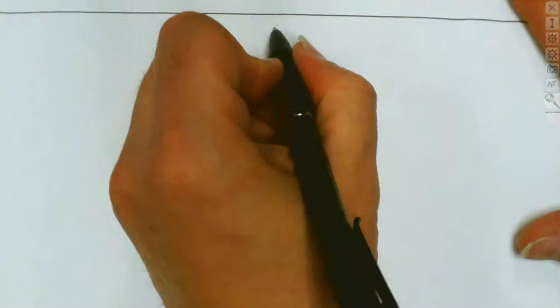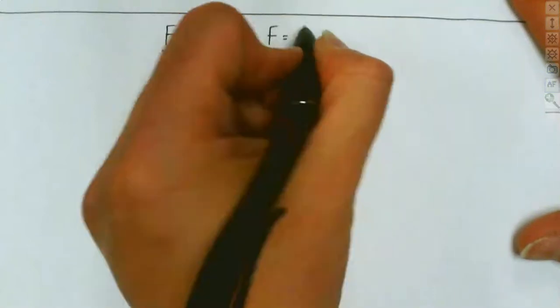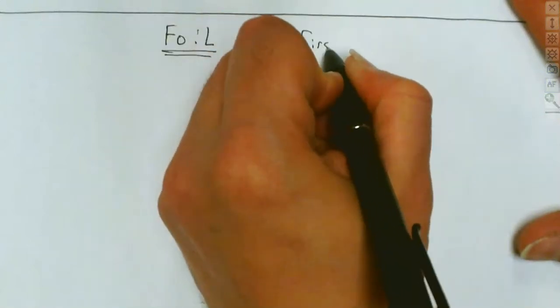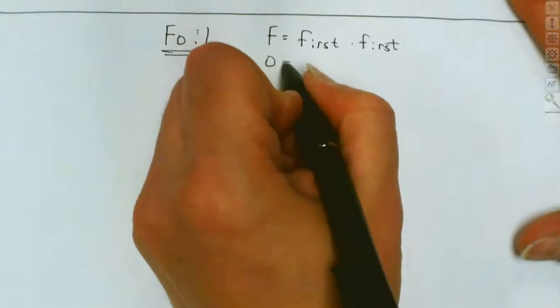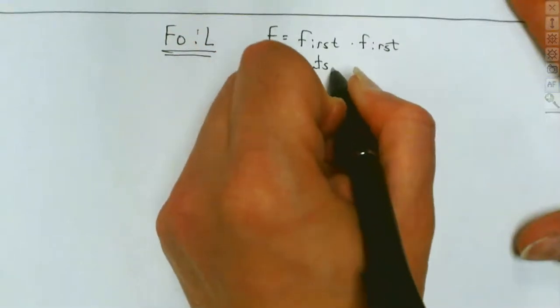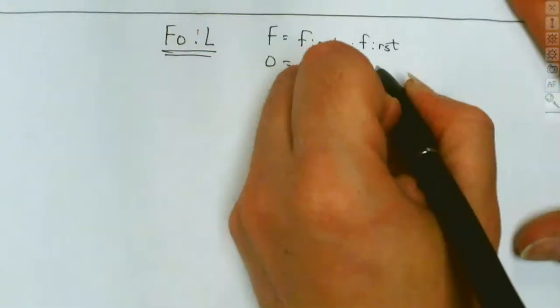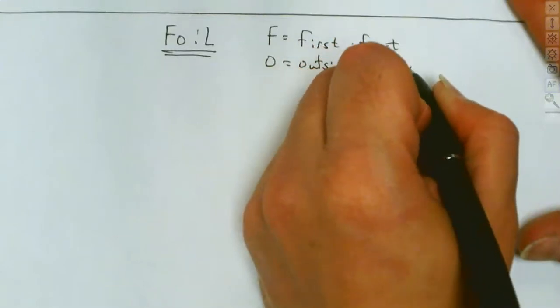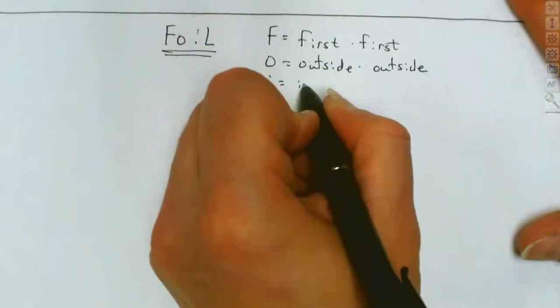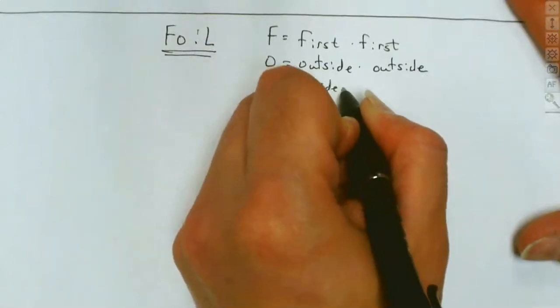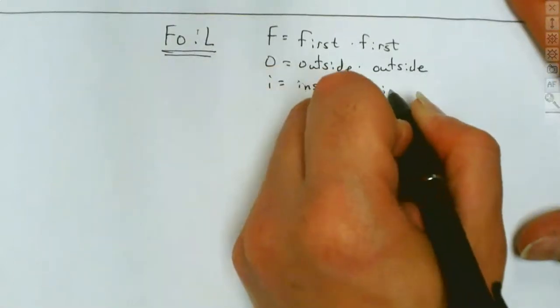And when we talk about the FOIL method, the F stands for the first times the first. The O is the outside times the outside. The I is the inside times the inside.